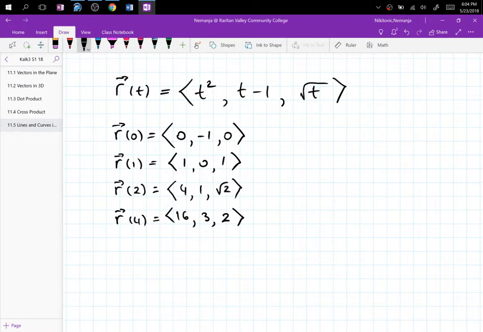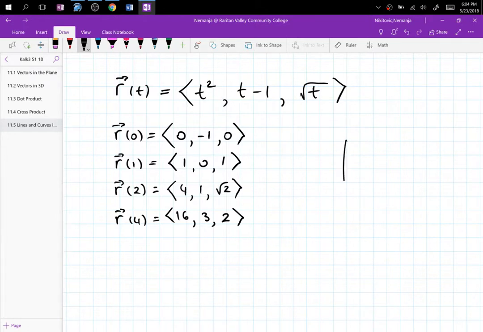We are doing the same thing here. You are calculating at 0, at 1, at 2, at 3, at 4, at 5, and you get vectors. You plot those vectors in a 3D space, and the tips of those vectors are where the points are through which the curve goes.